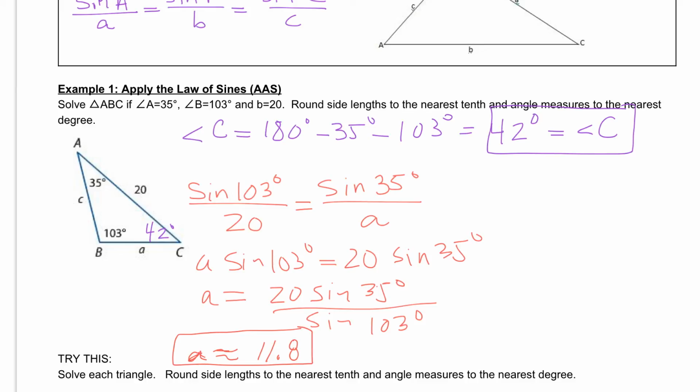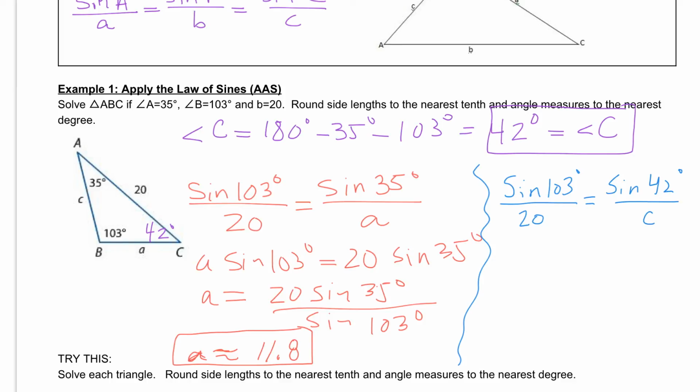And then the last thing I have to do is find little c. I'm going to use angle B and side B again, since it's the one I know. So I can set up the sine of 103 degrees over 20 equal to the sine of 42 degrees over little c, since I now know angle C is 42 degrees.